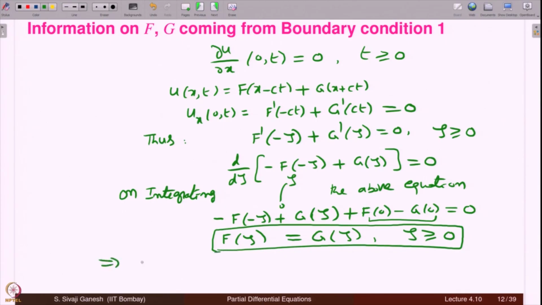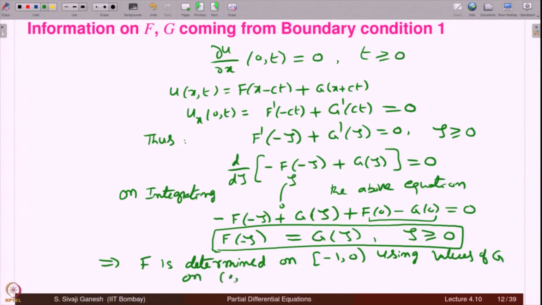What does this mean? f is determined. See, g is known in interval 0 1, therefore this formula, with a minus sign here, will give us the values of f on minus 1 0, using values of g on the interval 0 1.